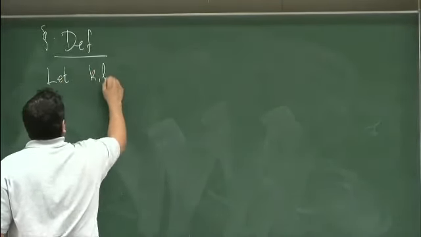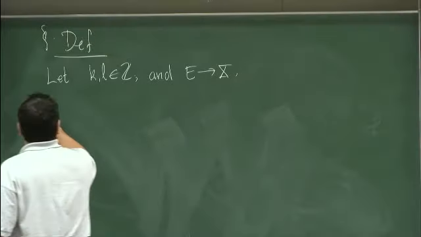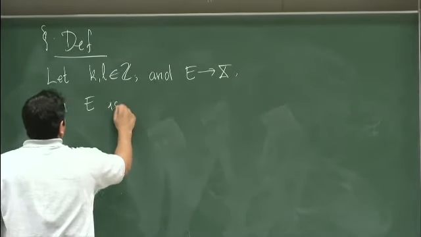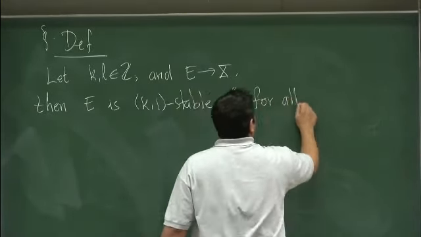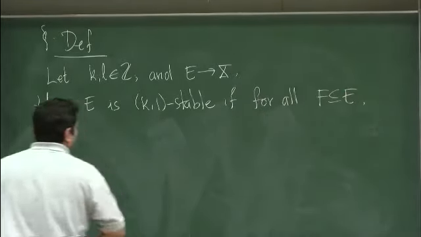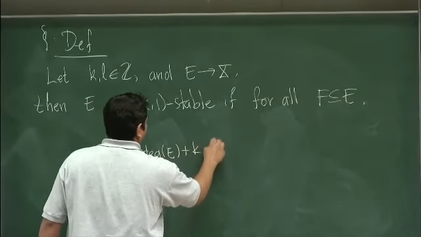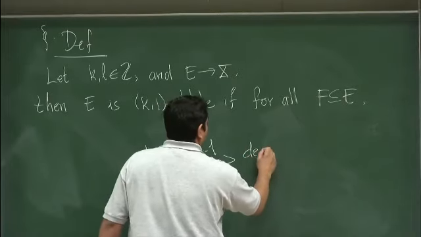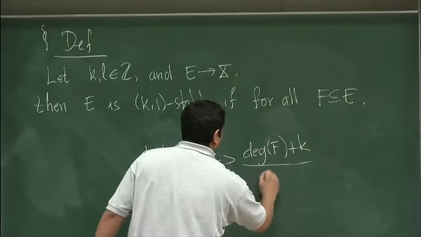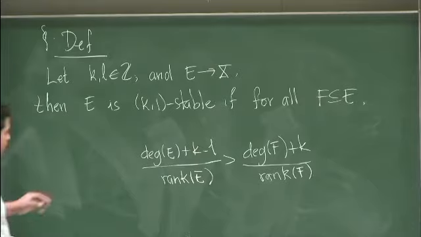Let k and l be integers and E a vector bundle over X. Then E is KL stable if for all subbundles F of E, we have the following inequality: the degree of E plus k minus l over the rank of E is bigger than the degree of F plus k over the rank of F. Then KL stability means that if you have the stability, then you can put the integers in these quotients and see what happens with that.